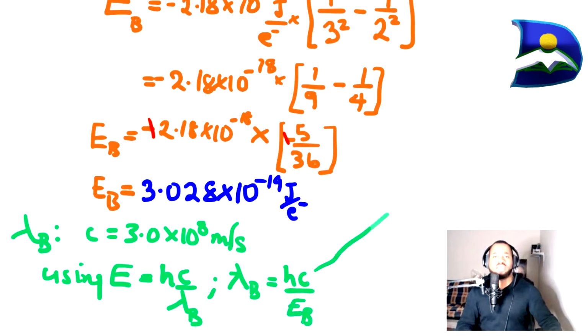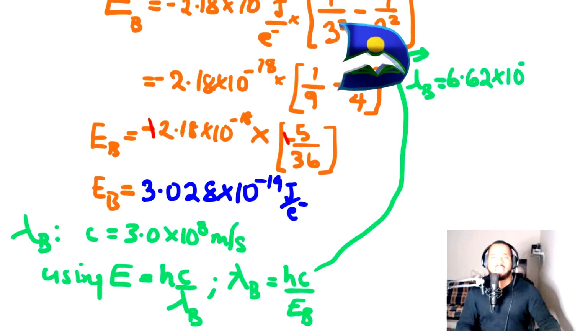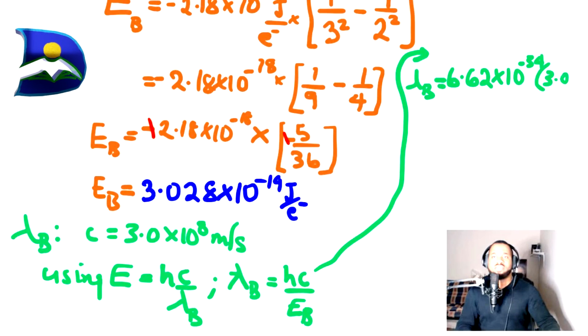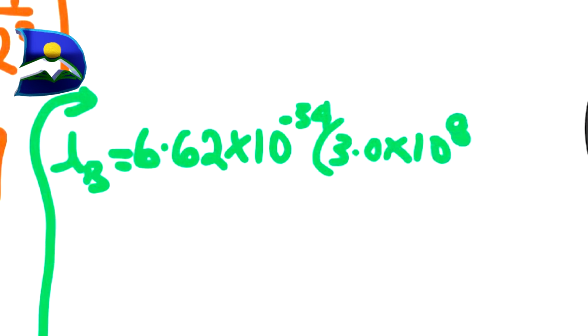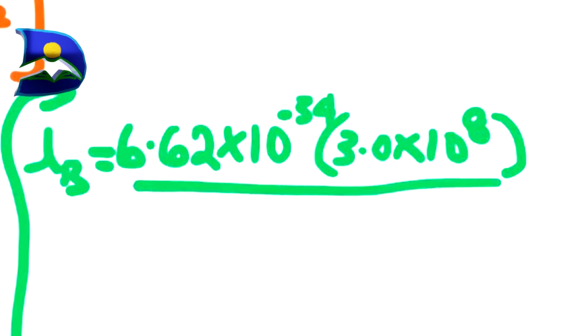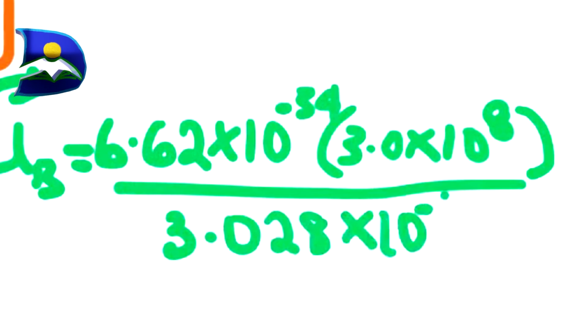Moving up over here, the wavelength that is going to be released is equal to 6.62 times 10 to the negative 34 multiplied by our speed of light, 3.0 times 10 to the 8, divided by our energy, which is 3.028 times 10 to the negative 19.